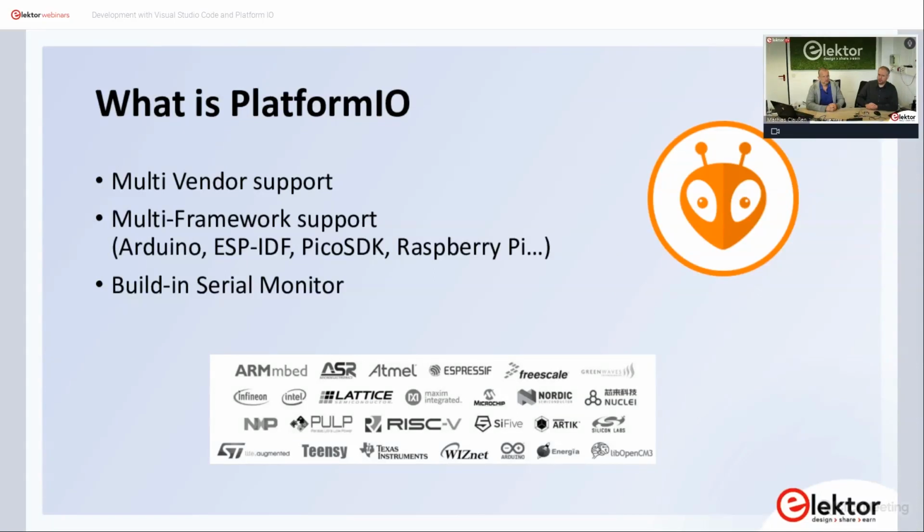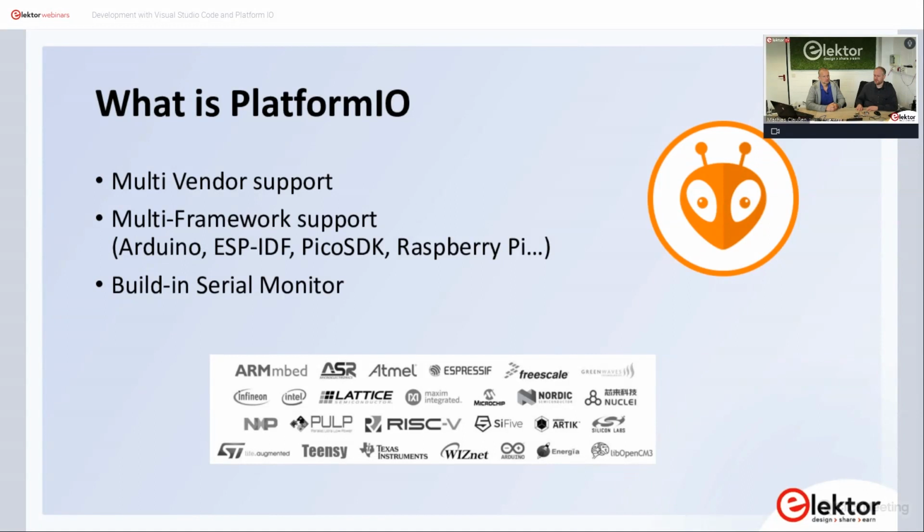And as mentioned, you have multi-vendor support. If you look at this list, you can see who's in there. We have ARM, NXP, and you have the RISC-V guys with GigaDevice, the Teensy guys with the Teensy 4.0, 4.1 NXP CPUs. There's still Freescale in it, it's not NXP. You have also support for some FPGAs, the latest stuff, to a certain level.